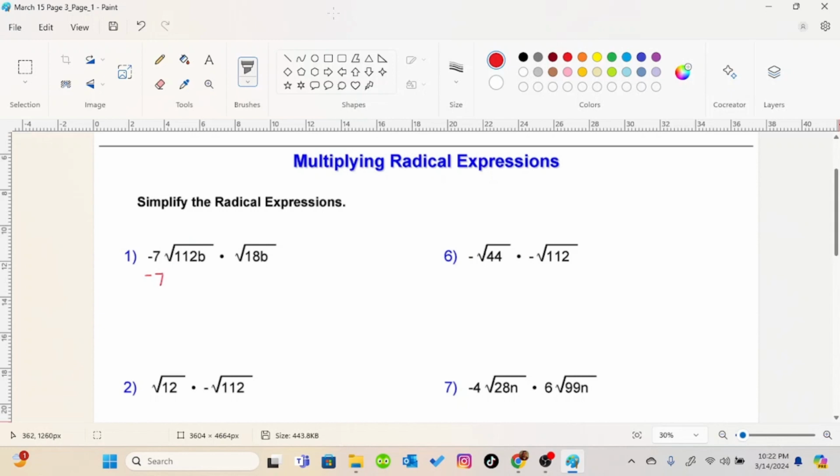We'll leave negative 7, but the square root of 112 is the square root of 16 times the square root of 7 times the square root of b. And this is multiplied by the square root of 9 times the square root of 2 times the square root of b.